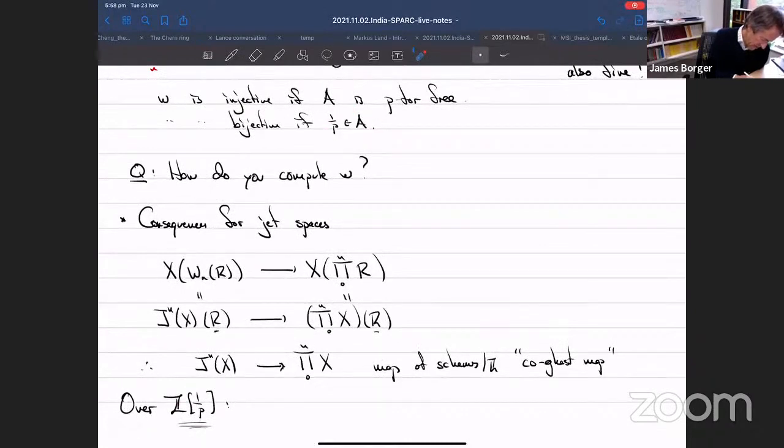And the map from Wn of R to this product ring will be an isomorphism, so therefore the induced map here will be a bijection. So this is an isomorphism.